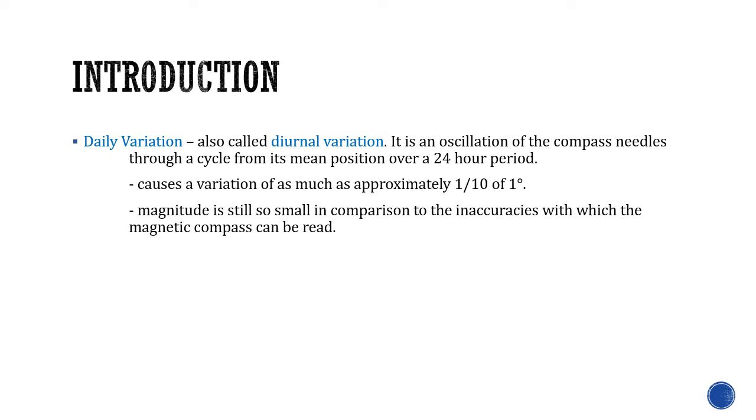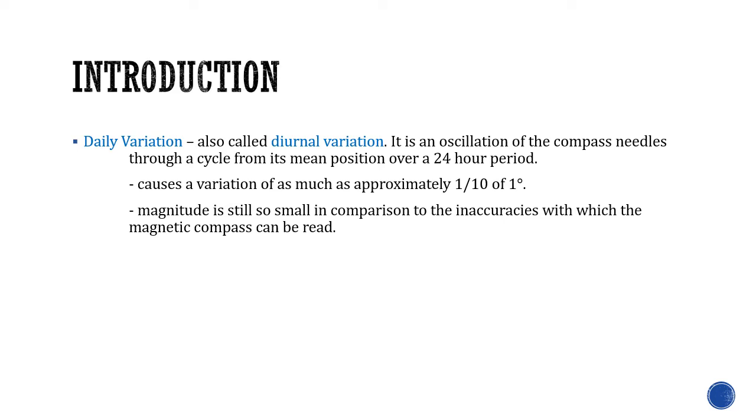So the daily variation naman is called the diurnal, no? So this is the oscillation of the compass needle through a cycle from its mean position over a 24-hour period. Okay, so class, ang daily variation nangyayari to araw-araw. Okay, so pero alam mo lang na nangyayari. Pero sabi nga dito, the magnitude is still so small in comparison to the inaccuracies with which the magnetic compass can be read.